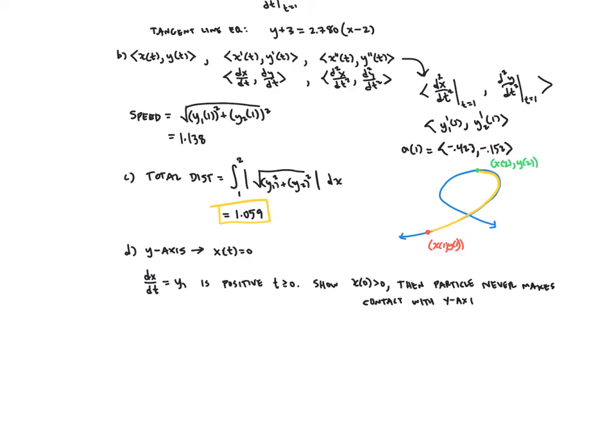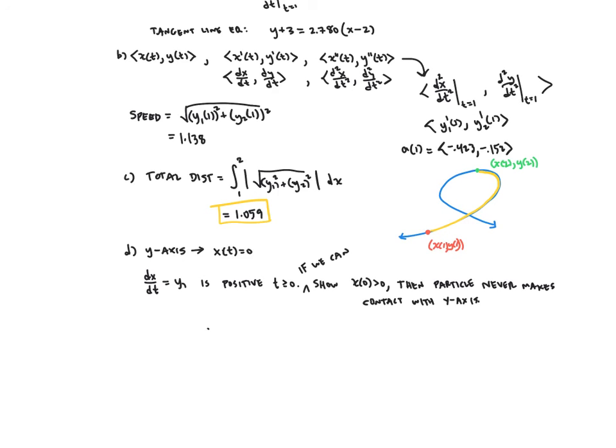Okay, now this may not be true, but if we can show, let's do this. If we can show that x of 0 is greater than 0, then the particle starts to the right of the y-axis and continues on, right? Okay, so let's see how we could do that.